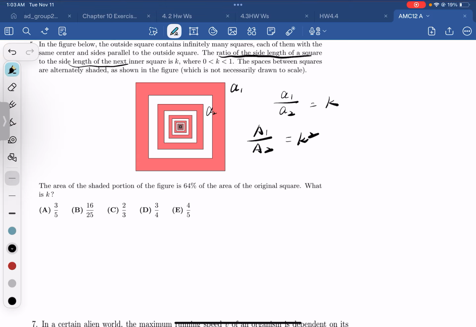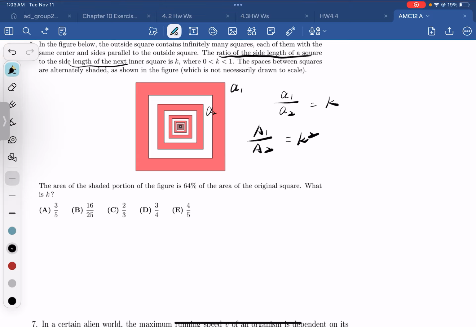The area of the shaded portion of the figure is 64% of the area of the original square. It means the shaded area over the whole area, which is a1, equals 64%. So the shaded area is an infinite geometric series, because the question said it contains infinitely many squares.